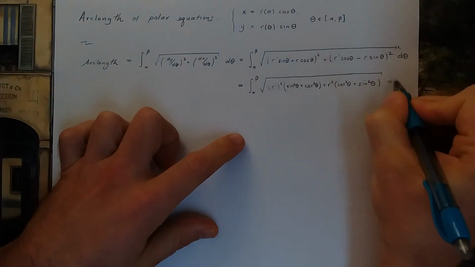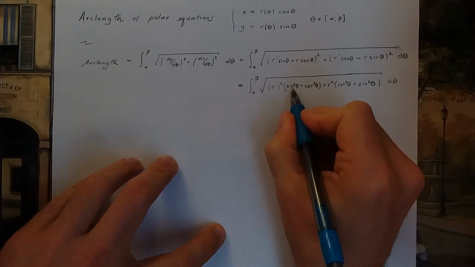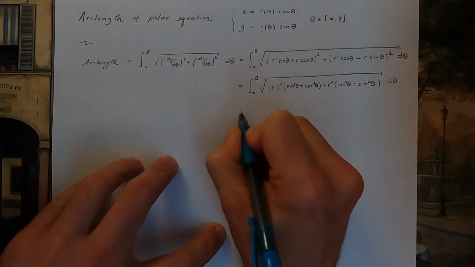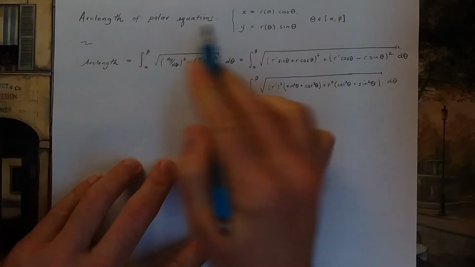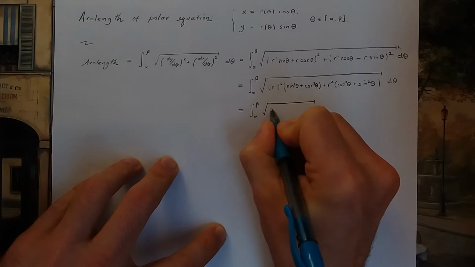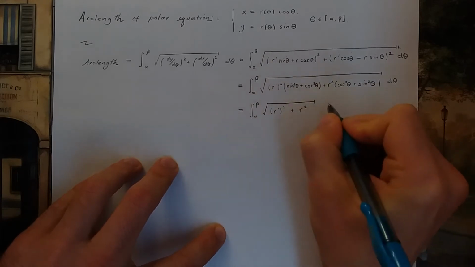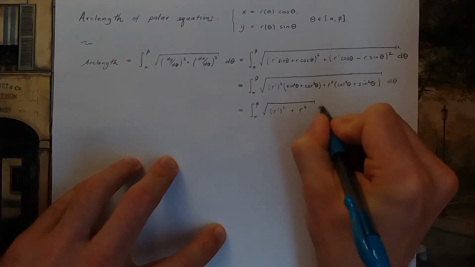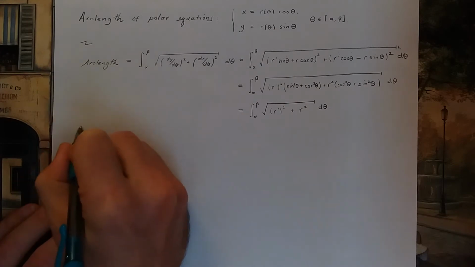I think you'll definitely find what I have here. Now, we all know the trig identity sine squared plus cosine squared is equal to 1. So in the case of a polar equation, the arc length can be given by the integral of the square root of r prime squared plus r squared d theta. All right, let's do an example.